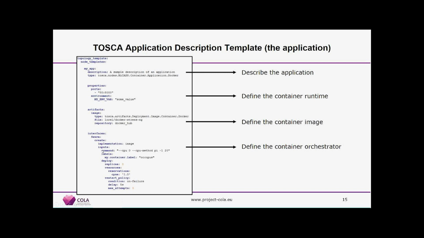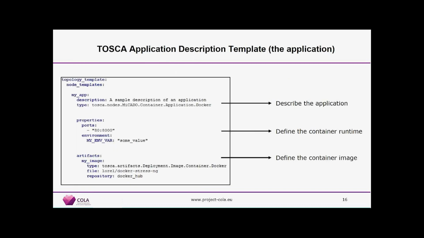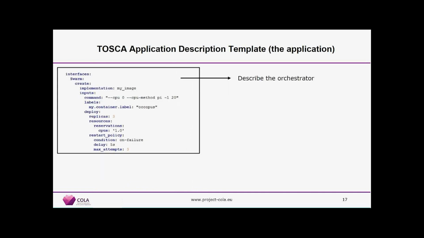So everything gets laid out in a sort of dictionary or map format here, and that all gets passed on directly to the adapters and then directly to the orchestrator. So we can take a deeper look there, but I don't really think we need to. There's a description, there's the runtime properties, there's the container image, and then lastly, we describe the orchestrator.